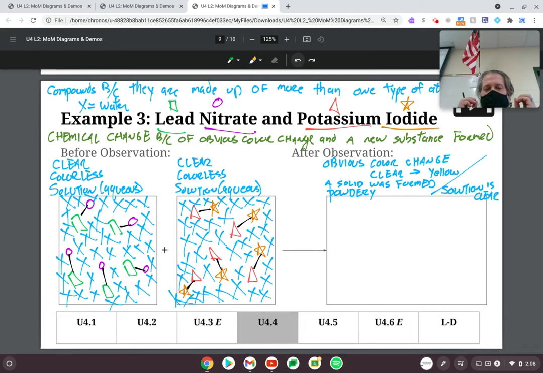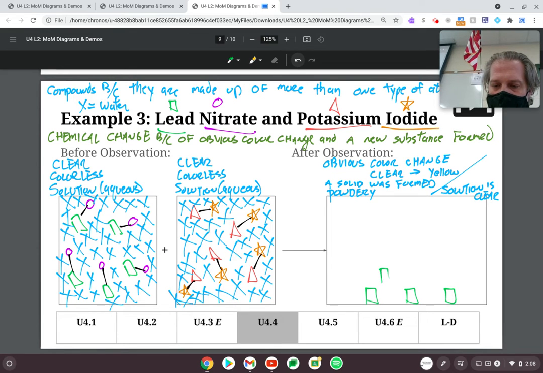Also, I can tell you that the lead and the iodine, this new compound that was formed, is the solid at the bottom. So I'm going to draw it to look something like this. And so I'm going to combine it with the star. They're going to touch and be ordered.